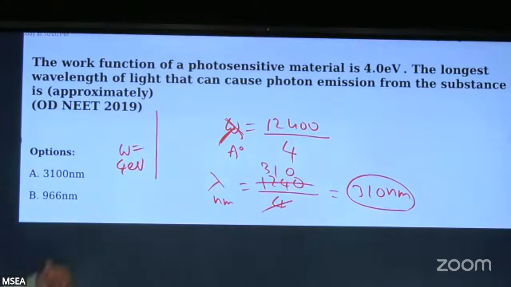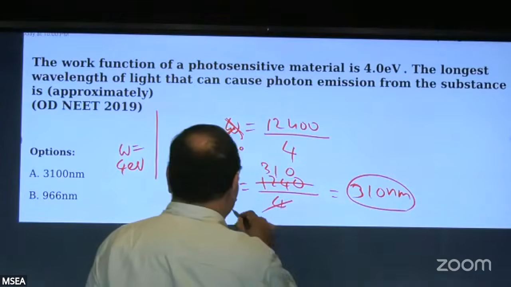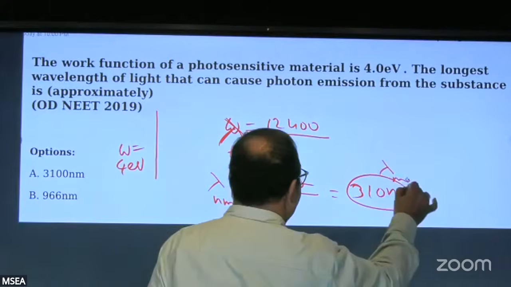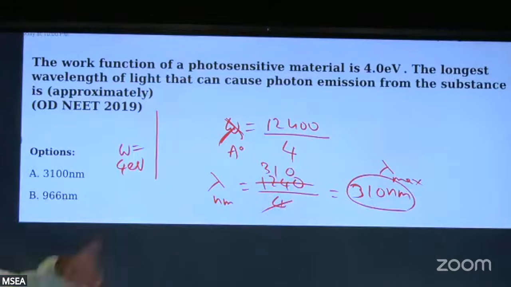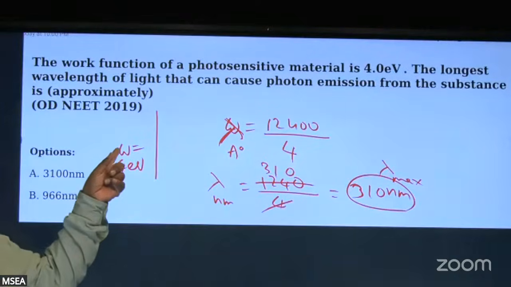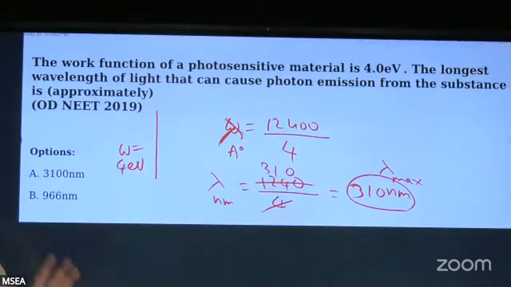This one is the maximum wavelength, so whatever wavelength is falling must be less than this. If it is more than that, you cannot get any photoelectrons. 2026 asked this, and 2019 asked what the maximum wavelength is.